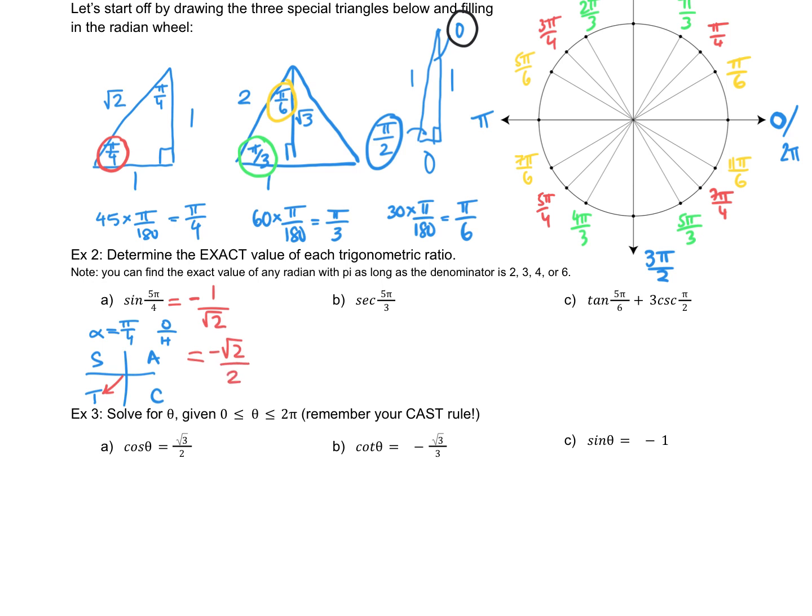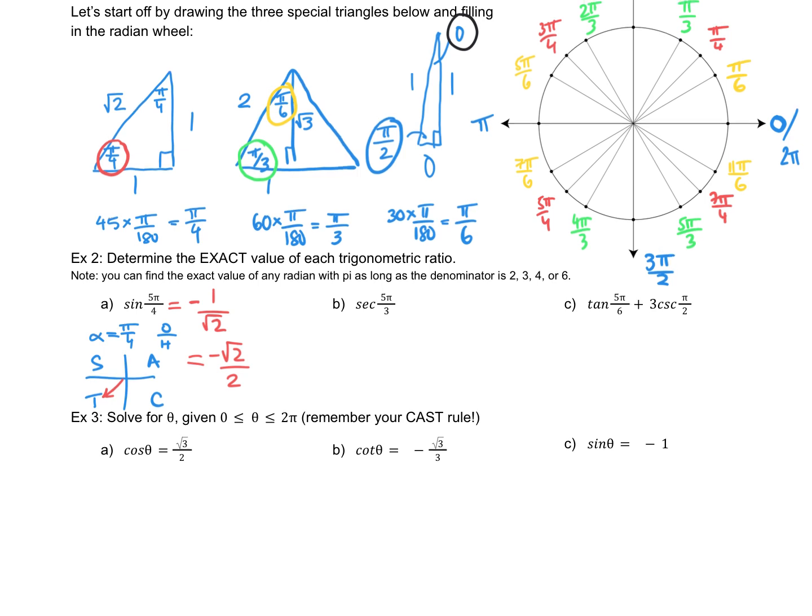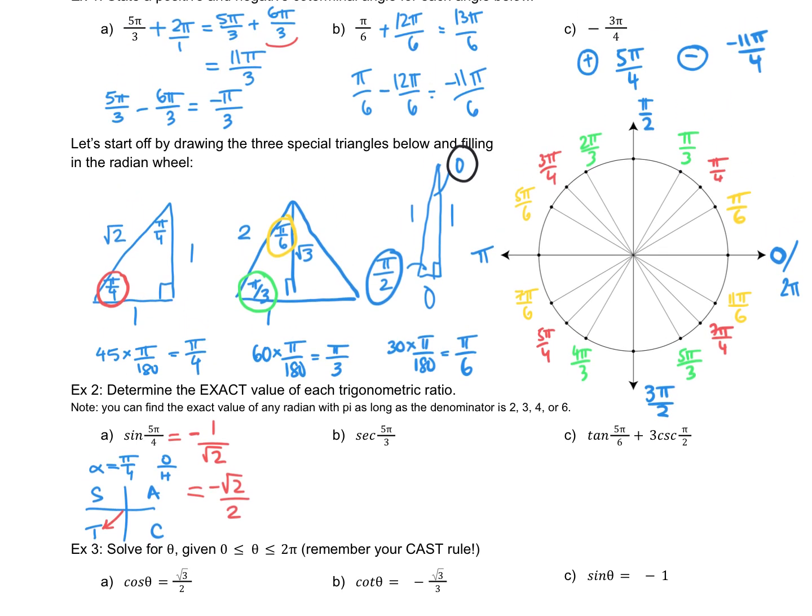Now, how did I know that my angle was in quadrant 3? If you know your fractions, 5 over 4, take a look at your Cartesian grid, you can identify your quadrant like that. But I'm going to take a look at my radian wheel here. And if you use your x and y axis as a reference, this is 0 pi's, this is half a pi, or 0.5 pi's.